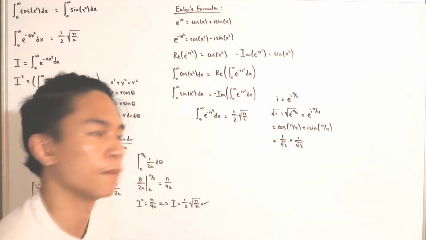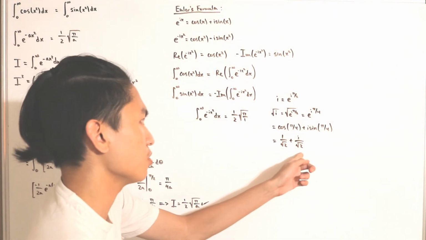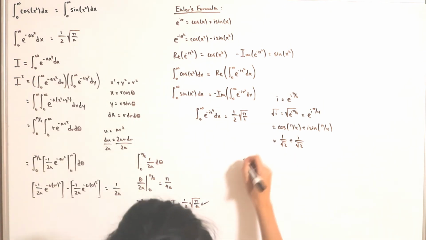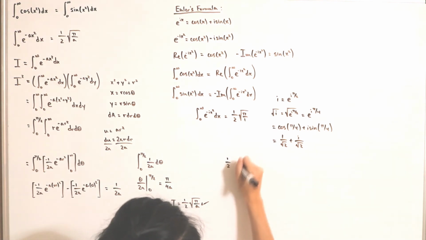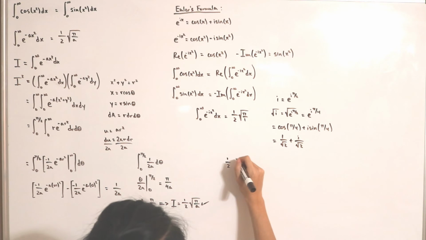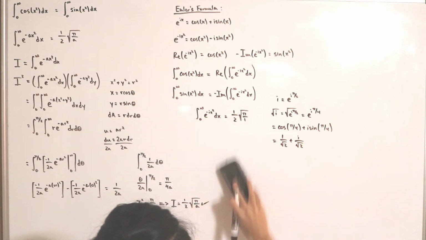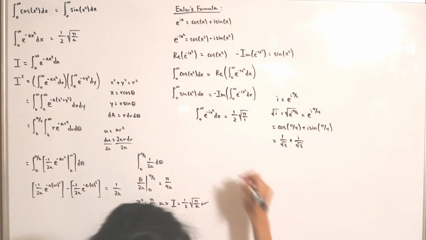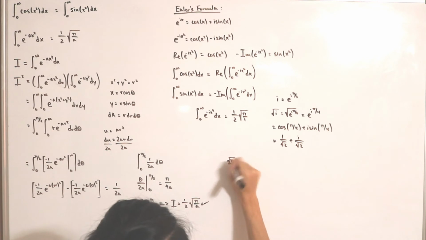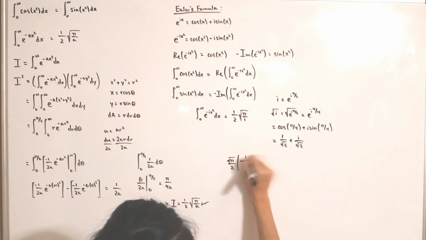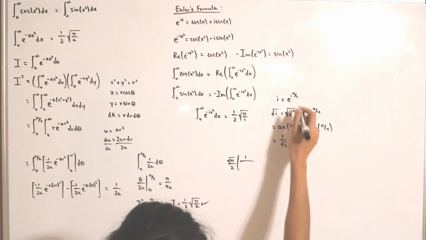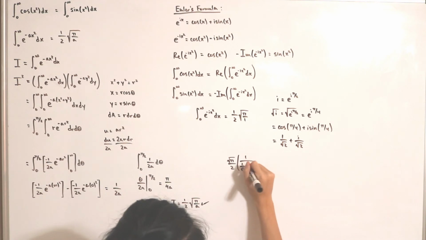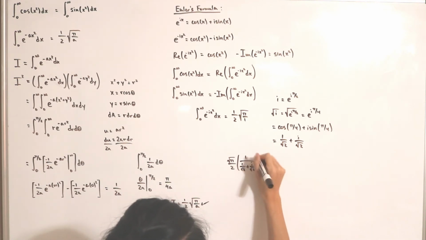So now let's substitute our calculated value of the principal value of the square root of i. This means this is 1/2, and I can move the square root of pi outside, so we have the square root of pi divided by 2, multiplied by 1 divided by our square root of i value, which is 1 over the square root of 2 plus i divided by the square root of 2.